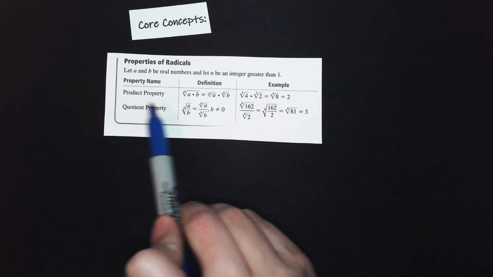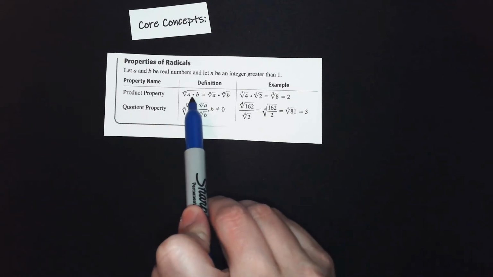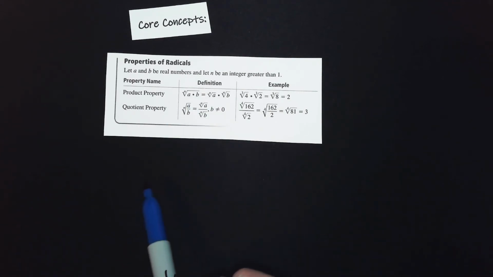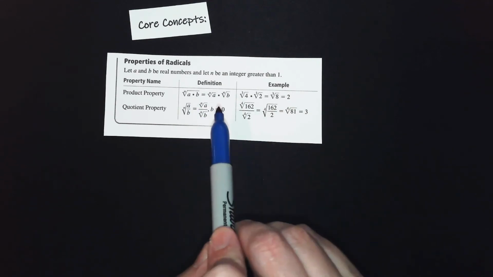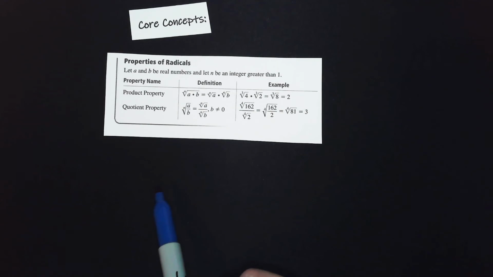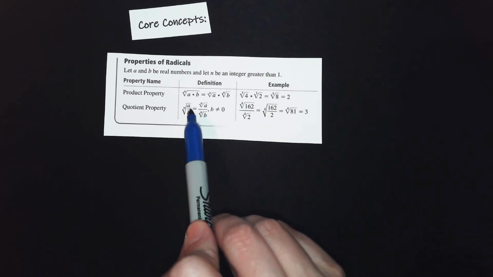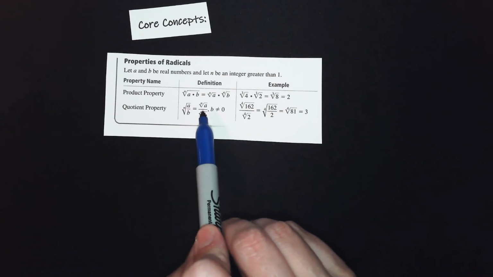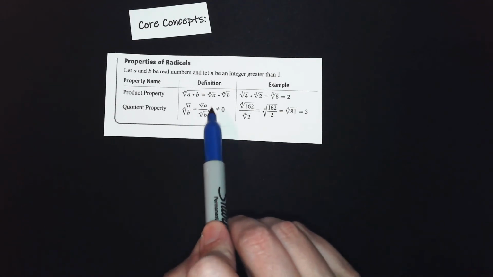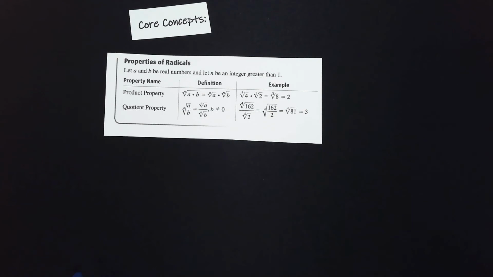We have the product property, where if they're multiplied inside, I can separate it out into 2, or you can go vice versa. If it's written like this and they have the same radical, I can combine them together to be 1. And the quotient property is just when it's divided. It can either be divided into 2 radicals, or if it's in 2 radicals, you can put it into 1.